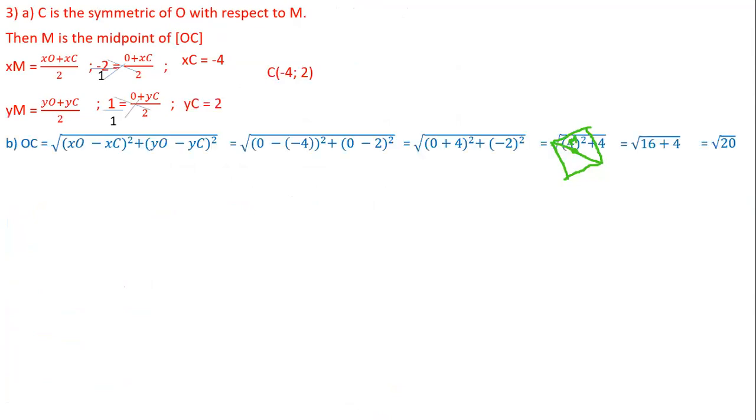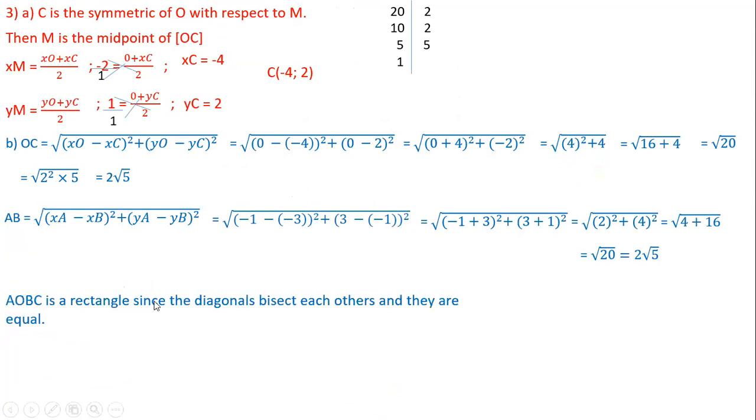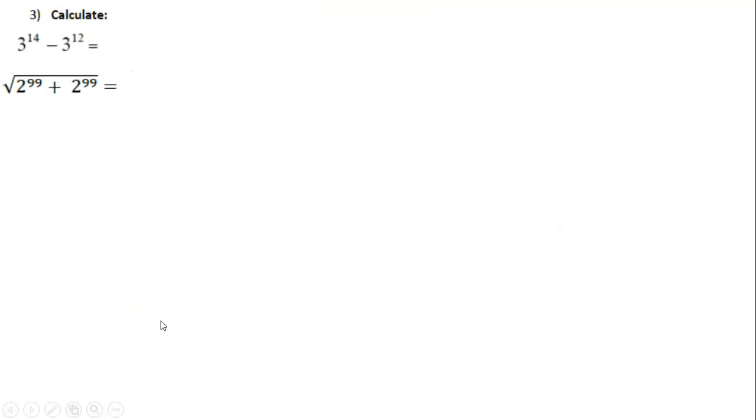If we were told that, it would be a square. So it is a parallelogram and it becomes a rectangle since the diagonals are equal. We say that AOBC is a rectangle since the diagonals bisect each other and they are equal. Is this clear?